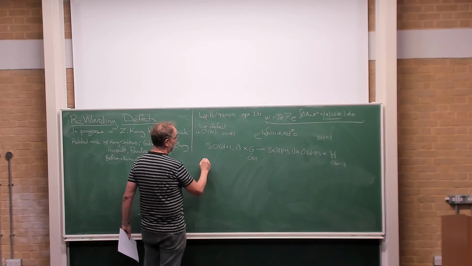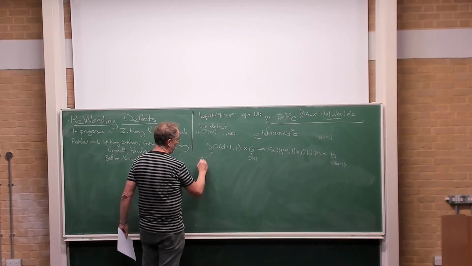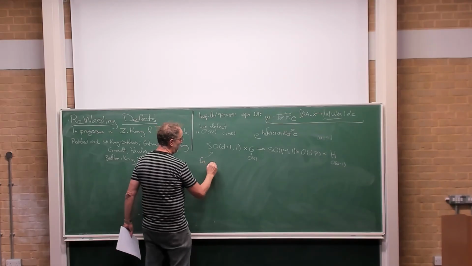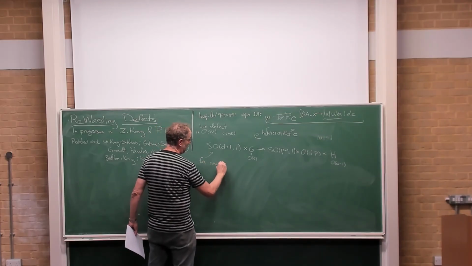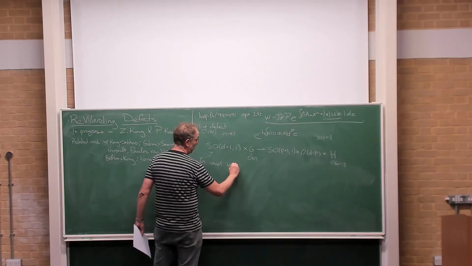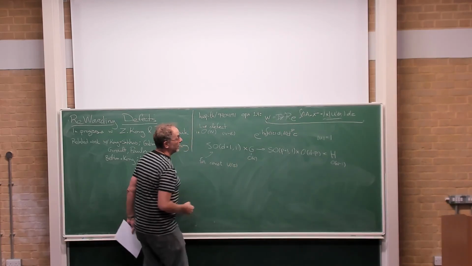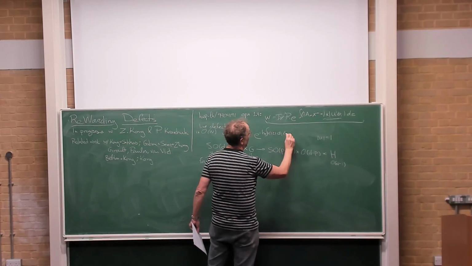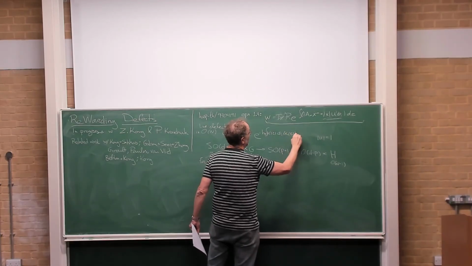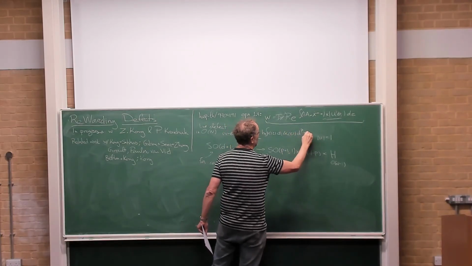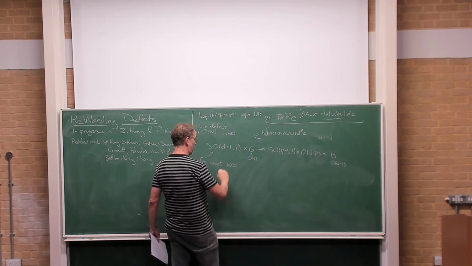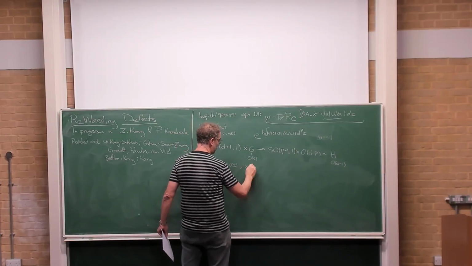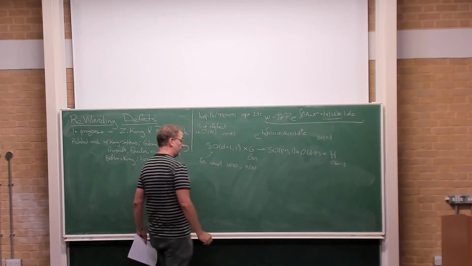So this is true for constant u(tau), and I really should write here phi(x(tau)), for constant u and constant x(tau).